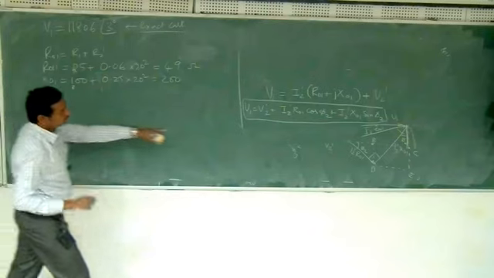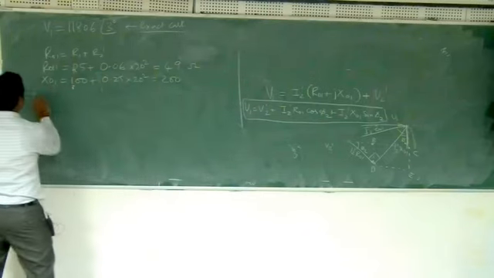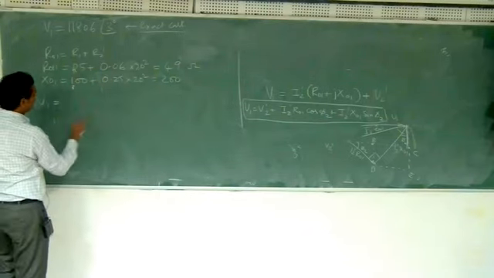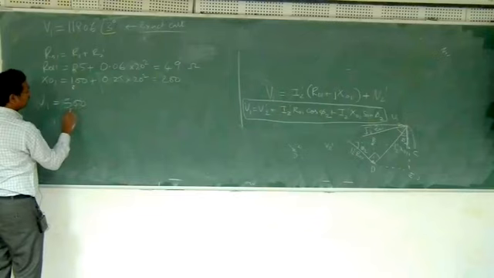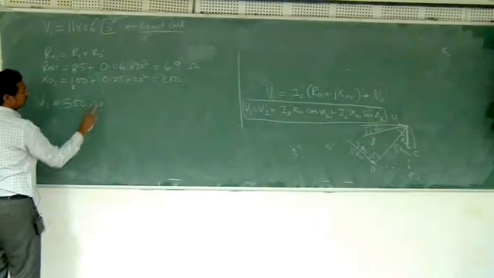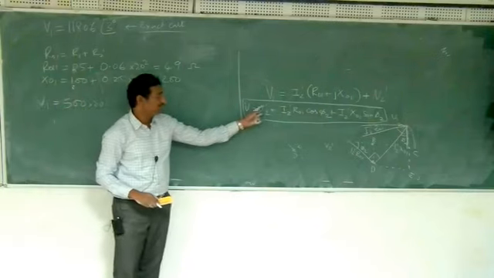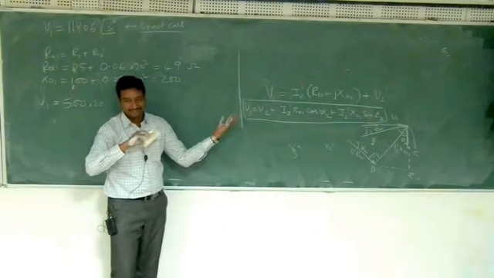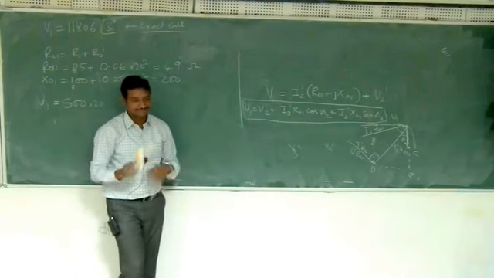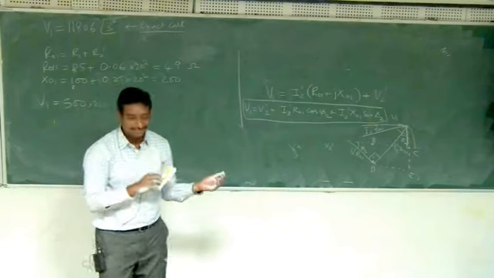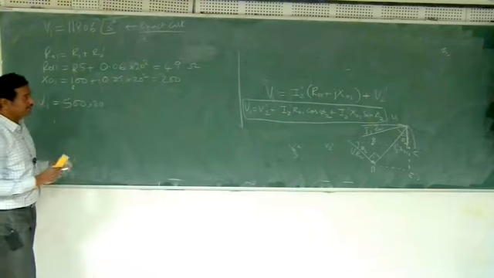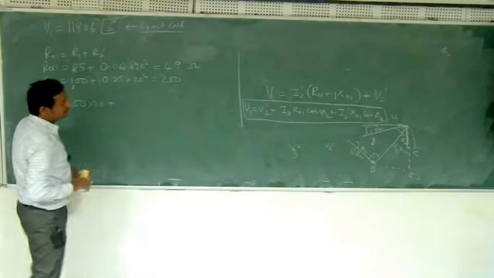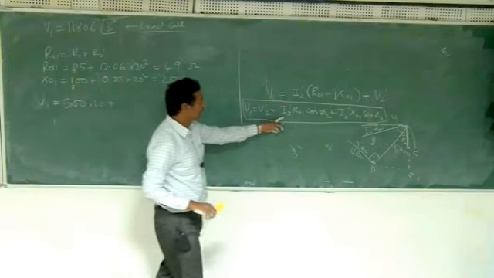Now you just look at this one. V1 equal to V2 dash, that means 500 into 20. The dash means you have to again get the V2 to the primary side. The primary side is high voltage, 20 times. So this will be 10,000. Plus I2 dash. What is I2 dash?